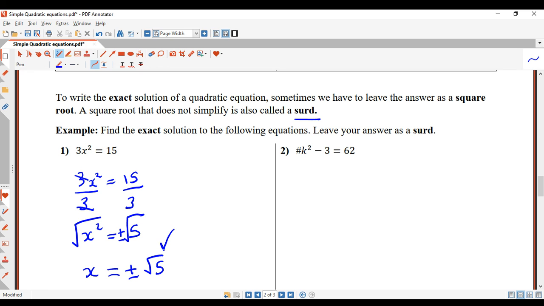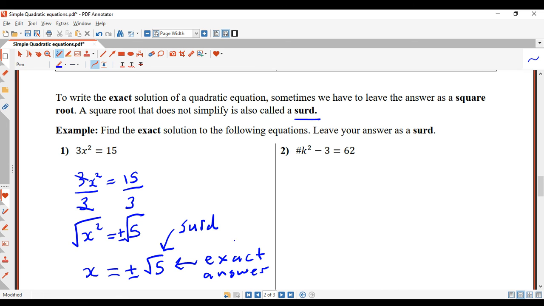Now that number there, root 5, is called a surd. And plus or minus the square root of 5 is my exact answer. This is the exact answer, because we haven't rounded it to one decimal place.